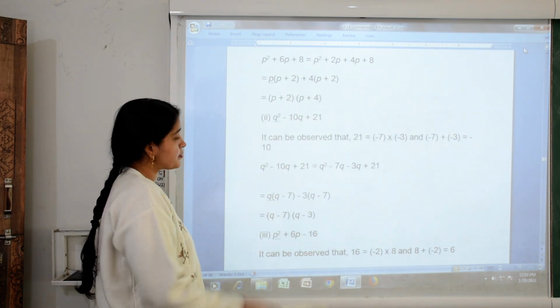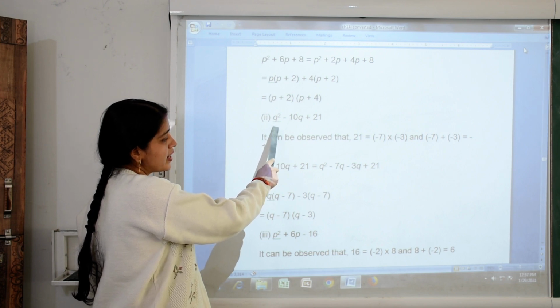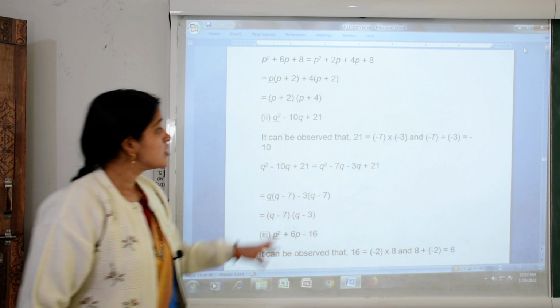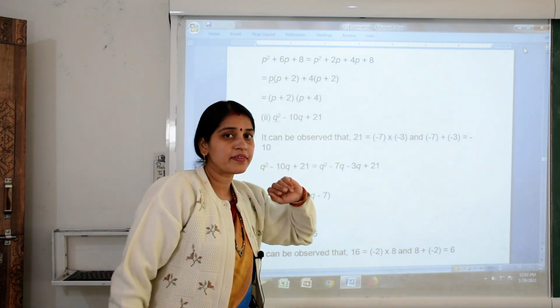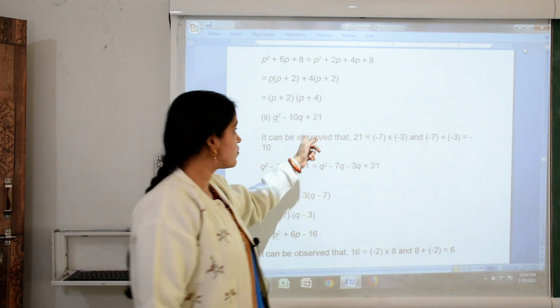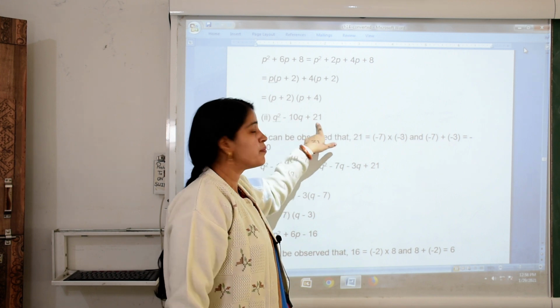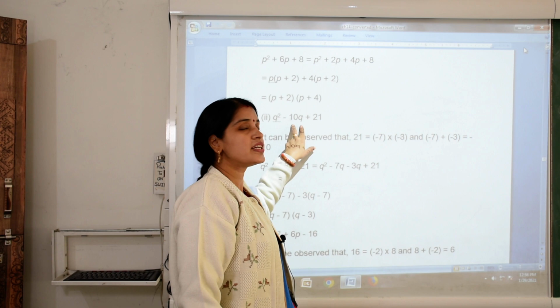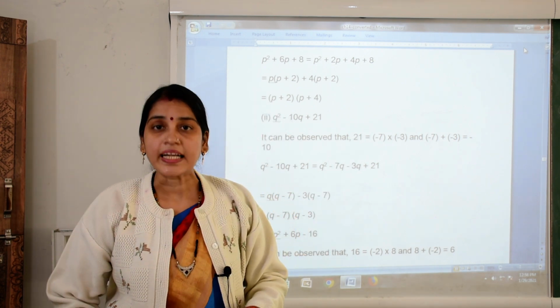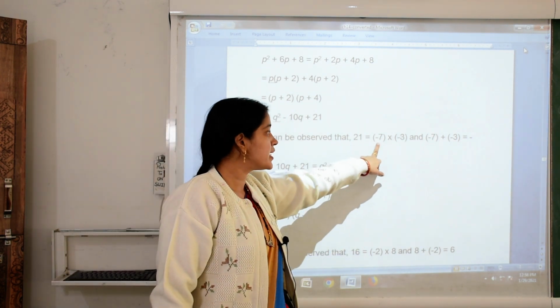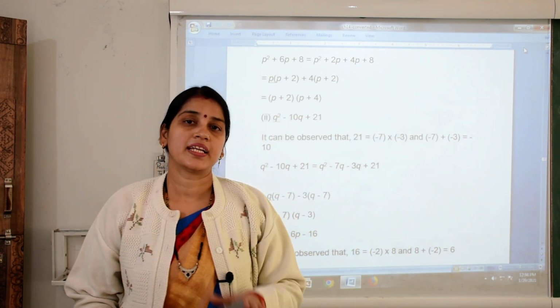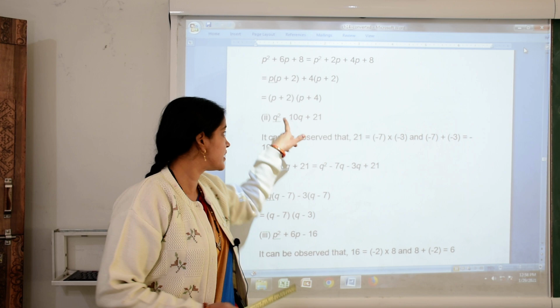In the next one you have q square minus 10q plus 21. So here first you have to find the factors of 21. The product of two numbers should be 21 and their addition should be 10. That type of numbers are 7 and 3, because 7 3s are 21 and 7 plus 3 is 10.